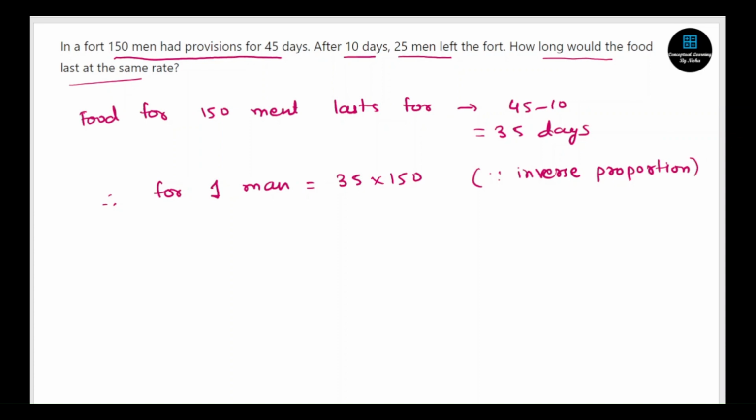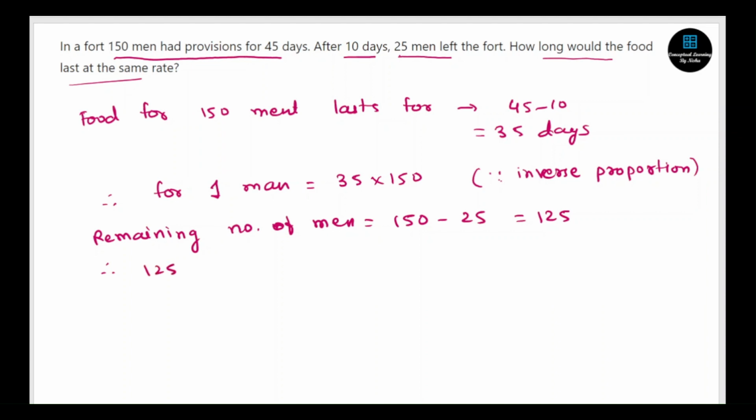We are doing the unitary method. Now, see what they are saying: 25 men left. So now the remaining number of men equals 150 minus 25. That gives me 125.